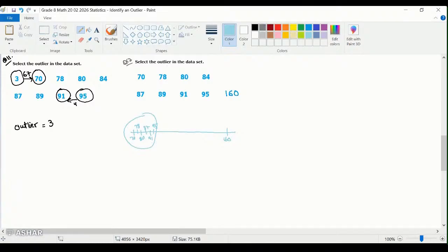So the outlier for this question would be, you don't have to do this much working. You can simply look at the values and pick your answer. So the outlier for question number 12 is 160. Agreed?